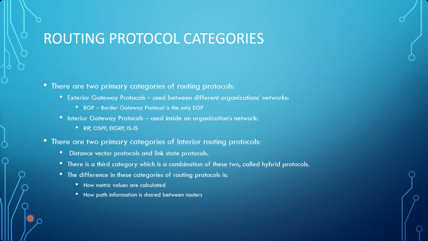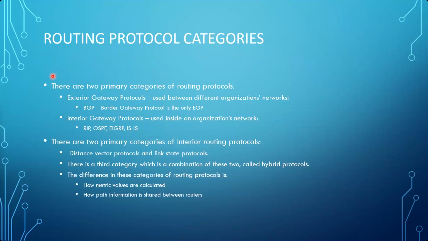So speaking of dynamic routing and the language of routers, routers use what's called routing protocols for that dynamic updating so that they can talk to each other. So when we talk about the routing protocols, there are going to be some primary categories that we want to look at.